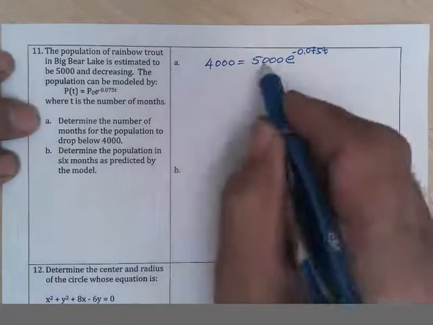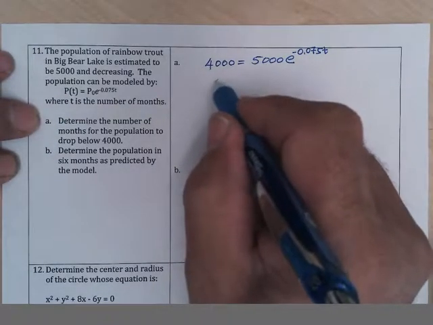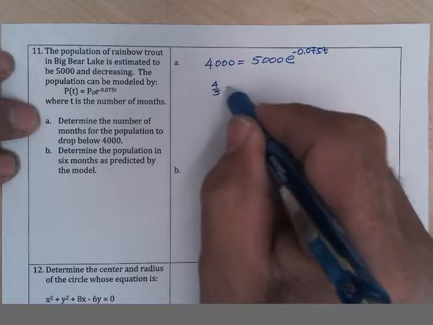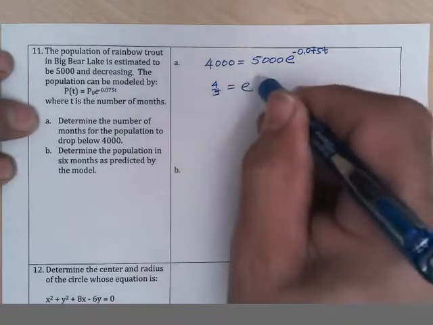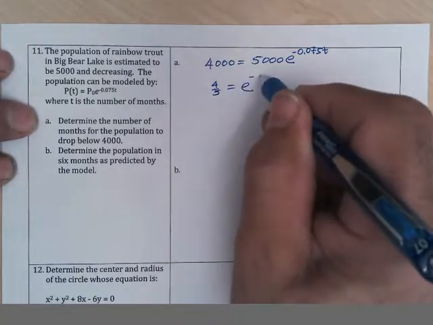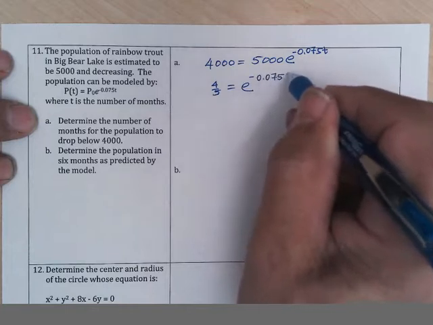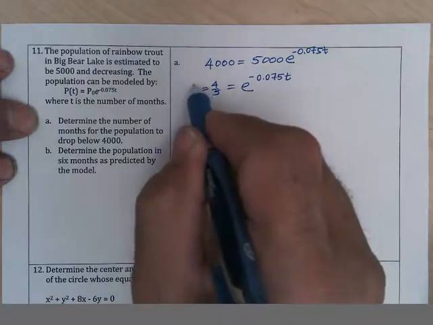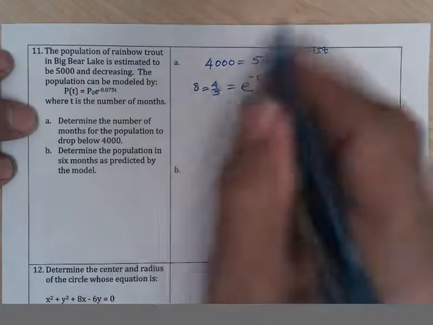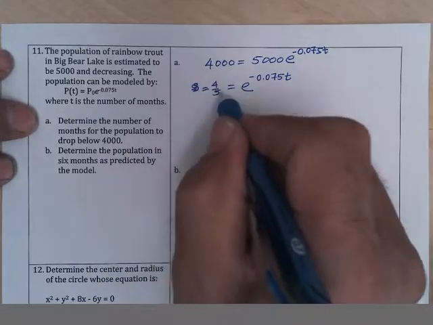Divide by 5,000 and we get 4/5 equals e to the negative 0.075t, and this is just 0.8.